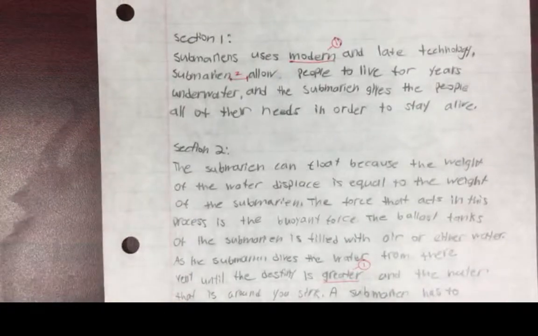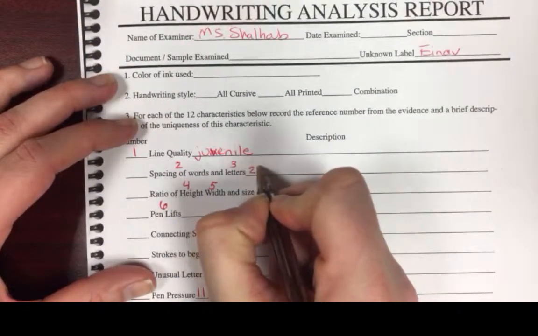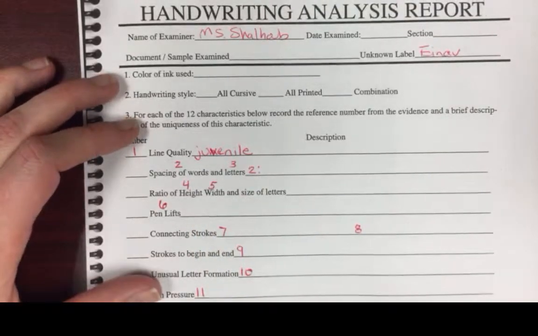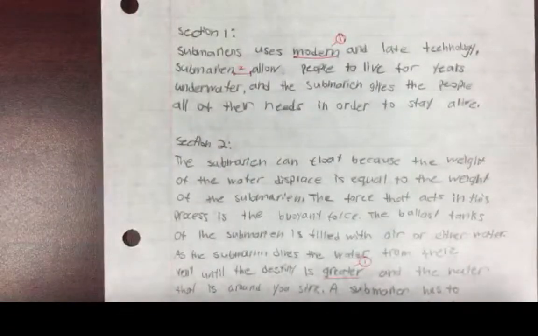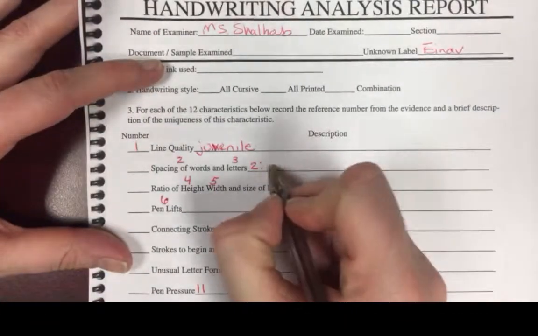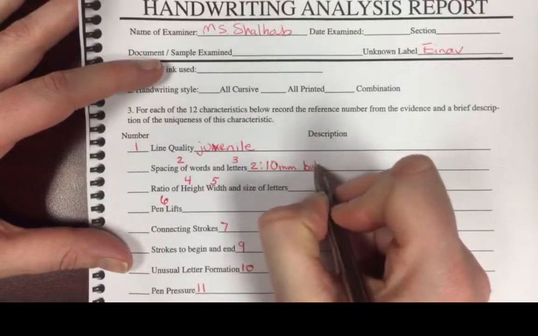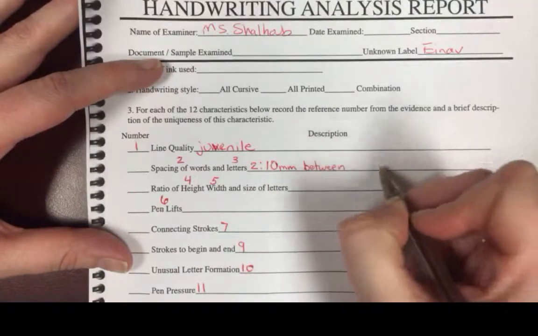You're going to go back to your analysis report, and next to number 2, you're going to tell me what the spacing was. In this case, I'm going to estimate that the spacing was, let's say, 10 millimeters between words.